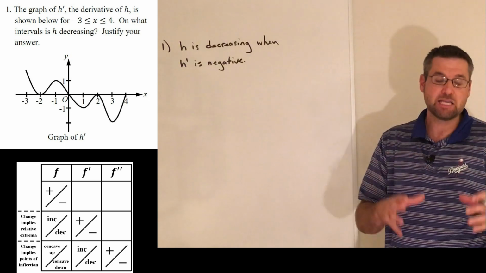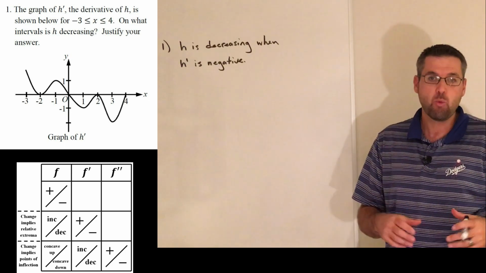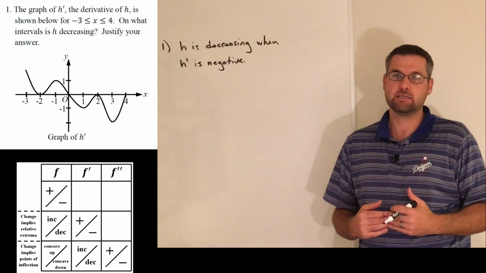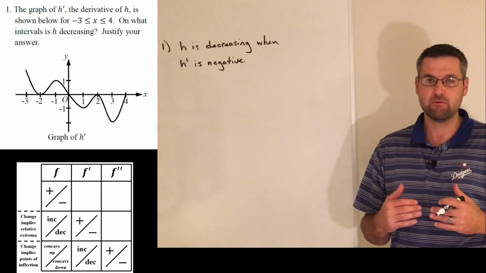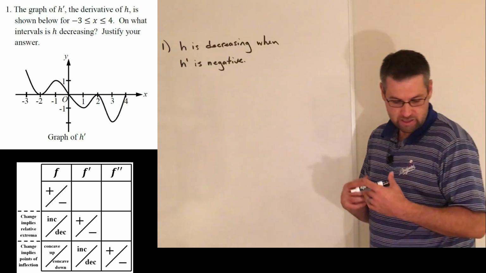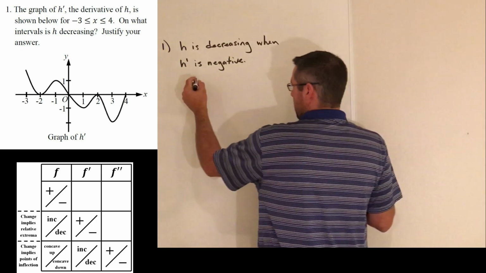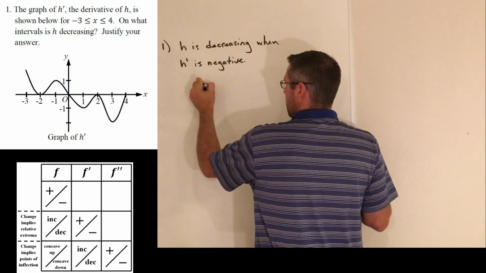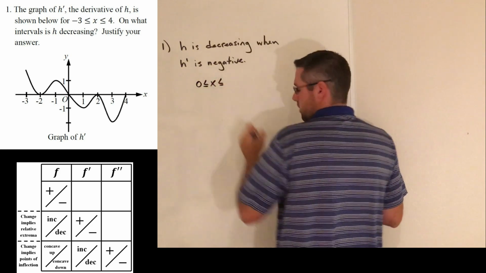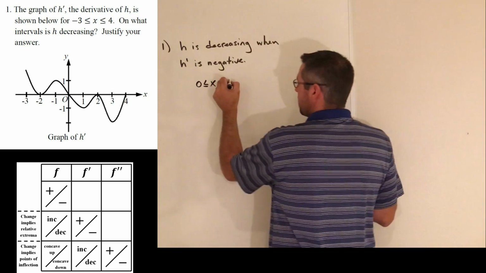Since we're given the h prime graph, we are looking for when it is below the x-axis. H prime is negative when the graph of h prime is below the x-axis. So in this case, we would say from 0 is less than or equal to x, and then we'd say less than or equal to 4 there.